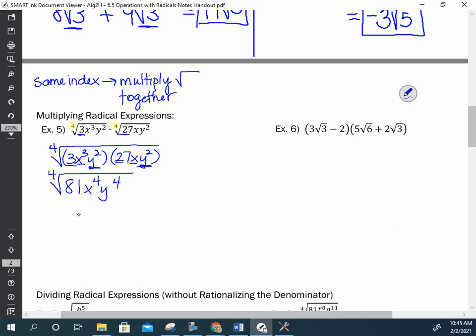Now you simplify it the best that you can. So simplifying in this case, breaking it apart. Fourth root of 81, that means what to the fourth power gives you 81.